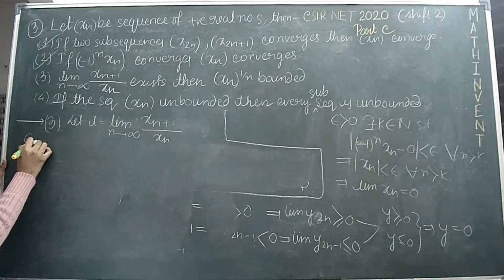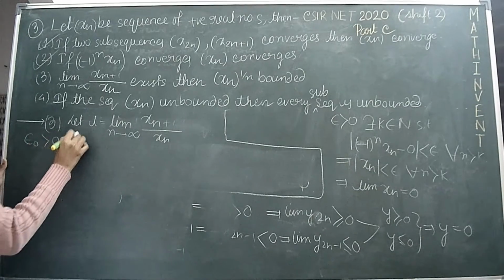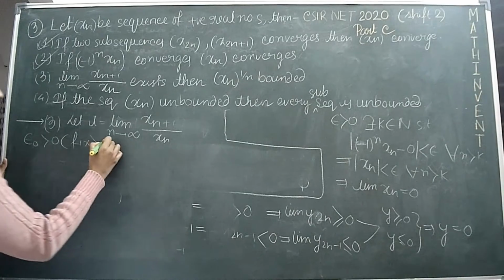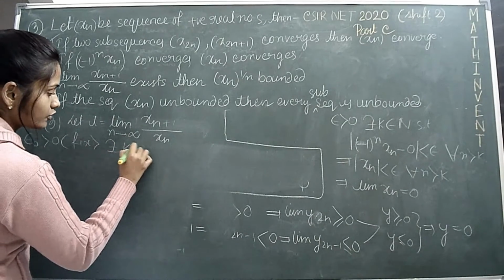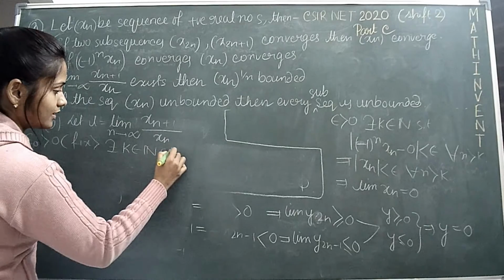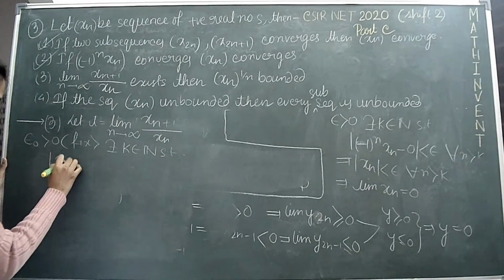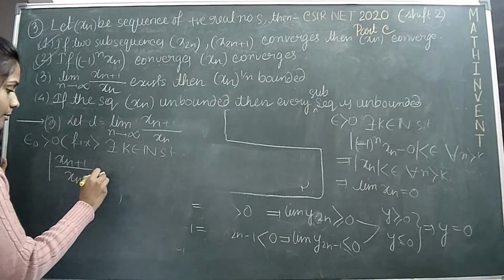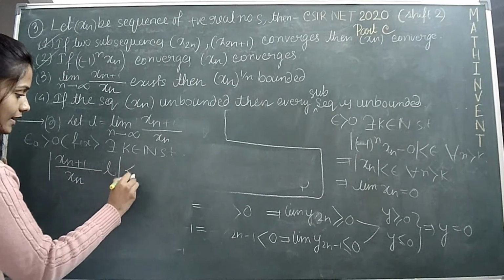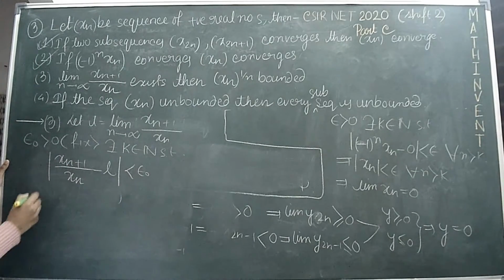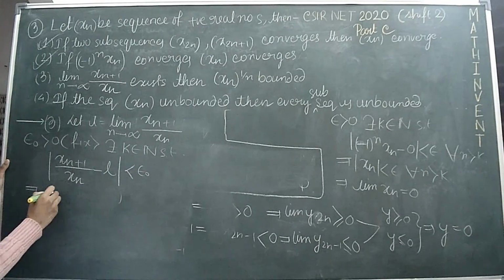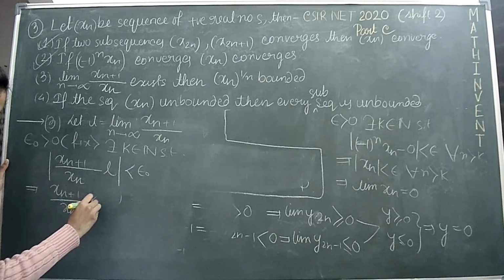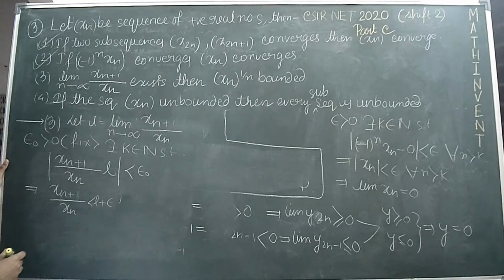Fix epsilon greater than 0. This is fixed. Then there exists a k belonging to the natural numbers such that mod of xn plus 1 divided by xn minus L is less than epsilon. So we have xn plus 1 by xn less than L plus epsilon.